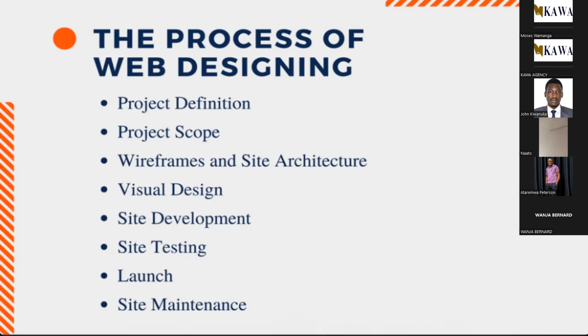Then project scope. Obviously, maybe you would like to solve a certain big problem, but considering the limitations, the environment and some other factors, you have to outline and get some form of clarity on what part of that problem you are going to solve, and how far you are going into the problem, because some of these problems that we solve, especially with software, are very broad. You might want to solve everything, but that is not possible and it may not be feasible. So you might have to limit your scope.